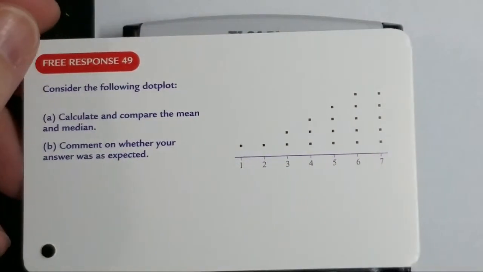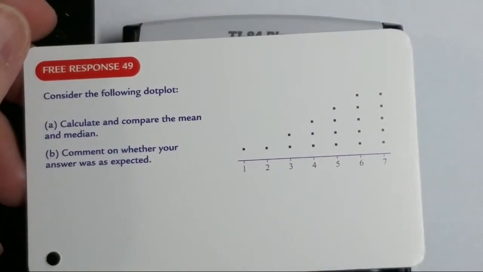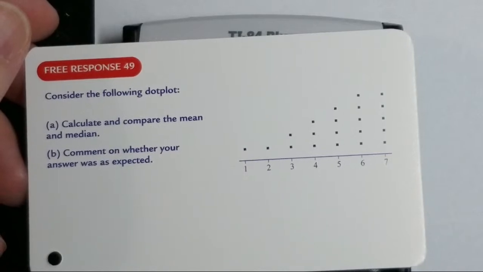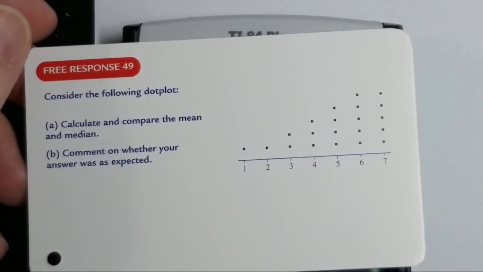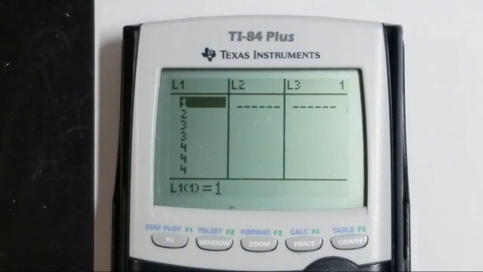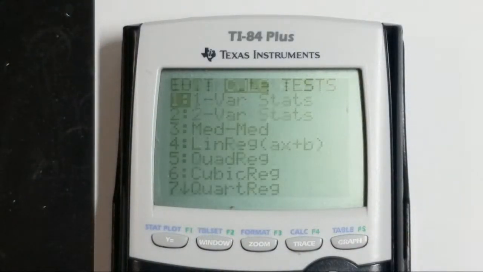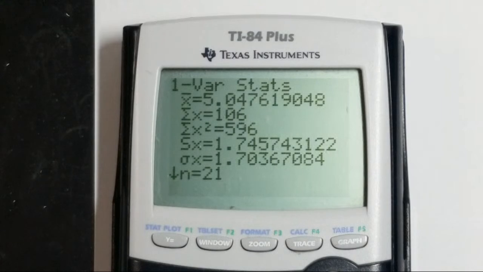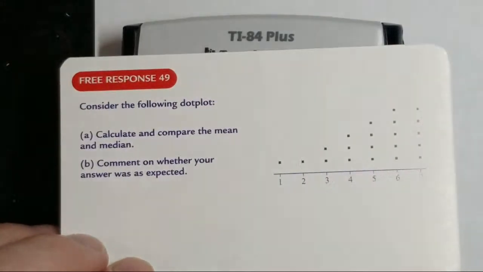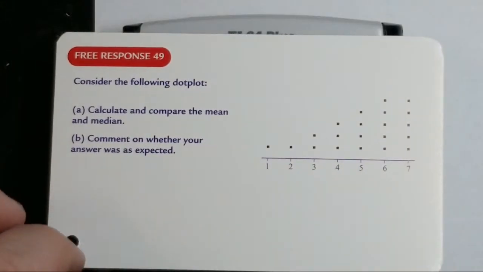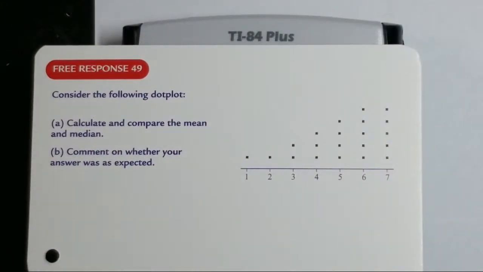Pretty self-explanatory based on the fact that there's 1 for 1 and 1 for 2 and 2 for 3 and 3 for 4, etc. And you get the 5 6s and the 5 7s. That's what I put into the list. If you're able to type that in quickly, then obviously you can easily get an average right there, an x-bar of 5.04. So then the question becomes, okay, 5.05, I guess, if you want to round it for the mean.